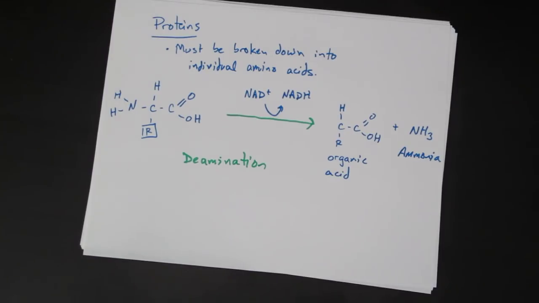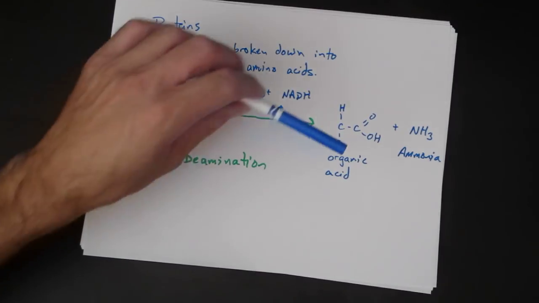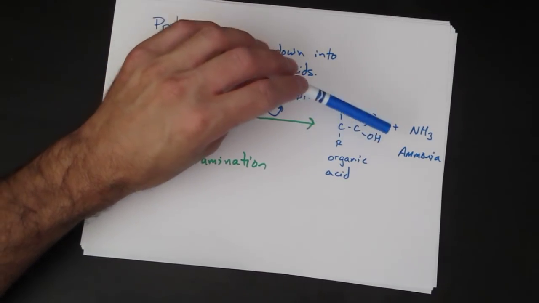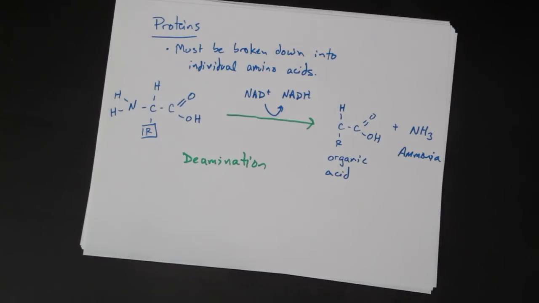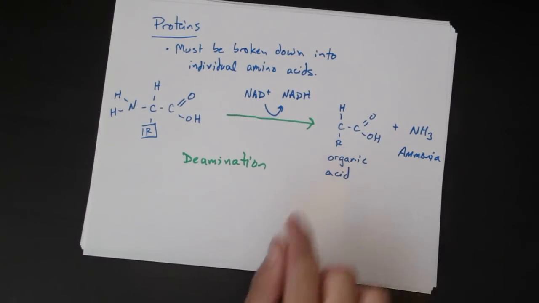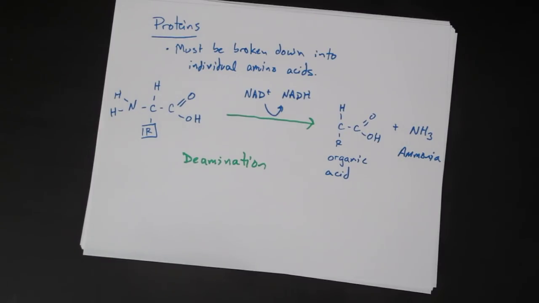So this is what the process of deamination looks like, and it takes place regardless of the amino acid we're dealing with. We're always going to get an organic acid, and we're going to get ammonia as a result. Because the R group on the amino acid is variable, the organic acids can vary quite a bit.